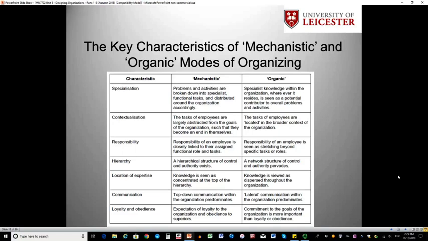And they also found that within this kind of mechanistic organisation, there were very hierarchical structures, very top down, with knowledge perceived to be at the top of the organisation, communication coming very much top down, and with loyalty and obedience, if you like, expected to be given by employees to their superiors, to the managers. So they found one category of organisation which they frequently came across was what they call the mechanistic mode of organising.